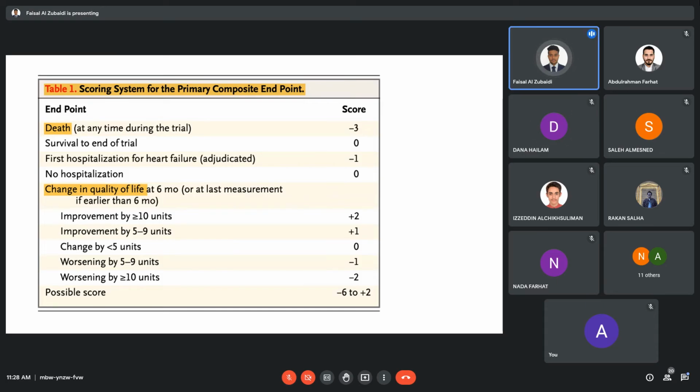So, the quality of life assessment, as we saw in the previous slide, was based on patient reports. It's like we give them a survey and they fill it out. So what do you think? Is this an objective or subjective measure?